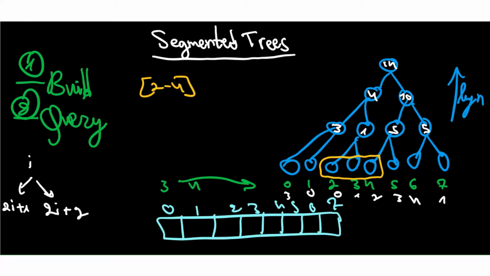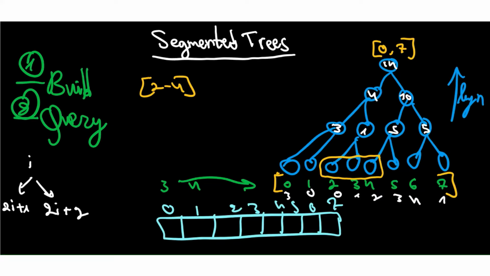The root is going to be 0 to 7. This is the root. We know this. You don't need to tell me, because we know that the leaves are indexes 0 to 7. So we know that the root represents the whole range. So if someone asks you, after you build this tree, what is the range sum of 0 to 7, you will stop at the root, because you say, oh, this is 0 to 7, I already know this.